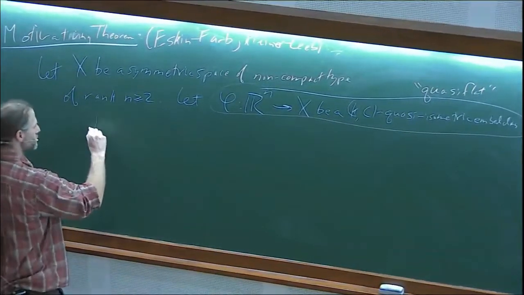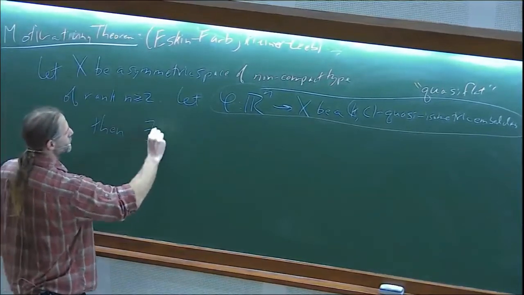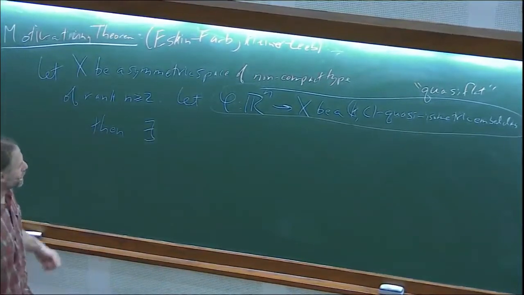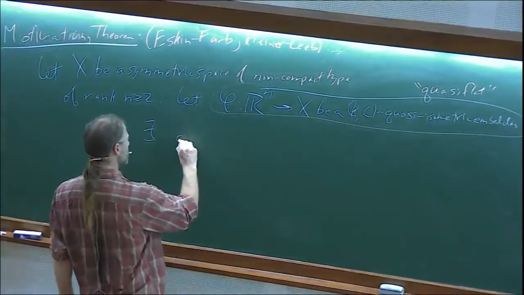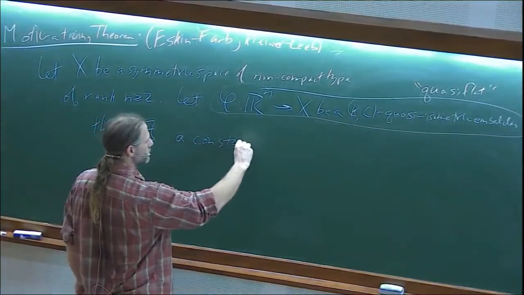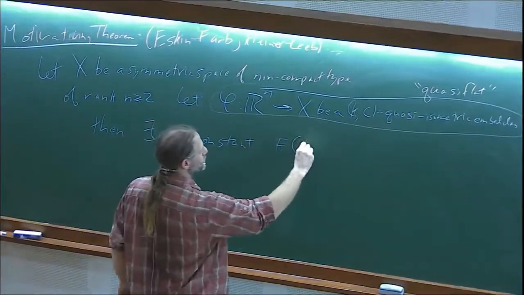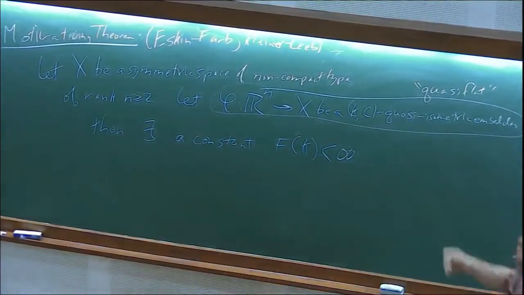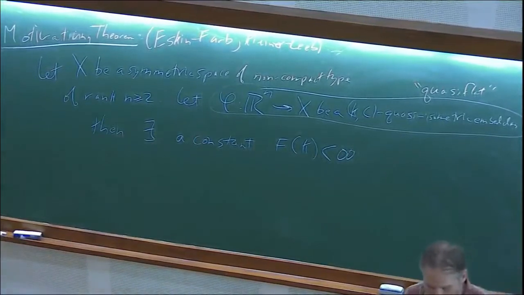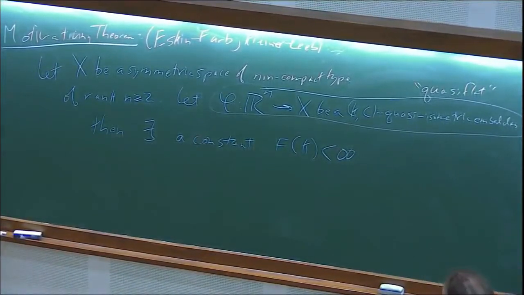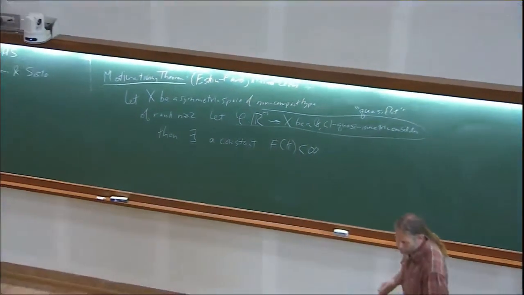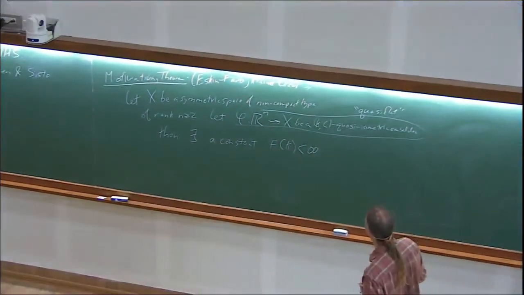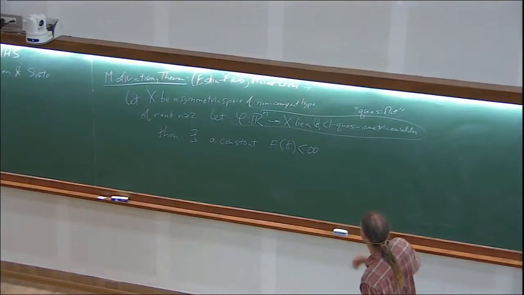The theorem then says there exists a constant f, which just depends on K, the multiplicative constant of the quasi-isometry, so that the image under phi of this quasi-flat lies within a bounded neighborhood of a bounded number of flats.